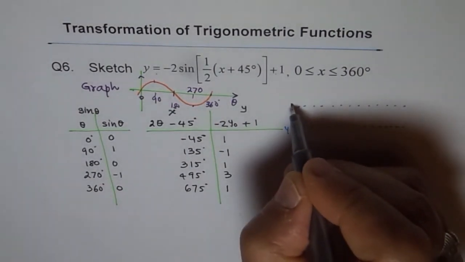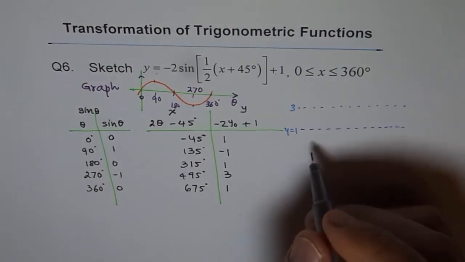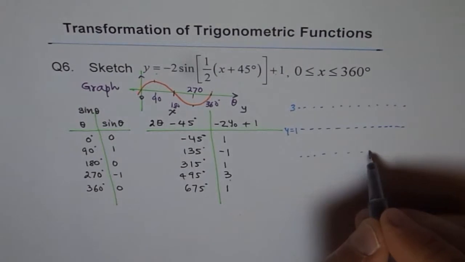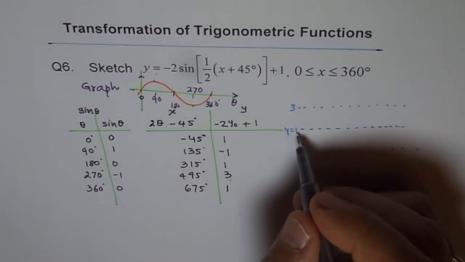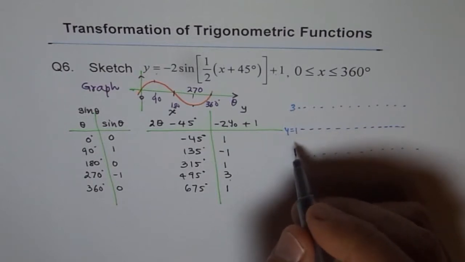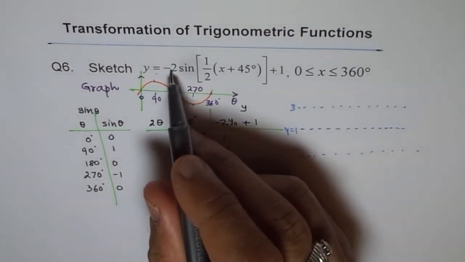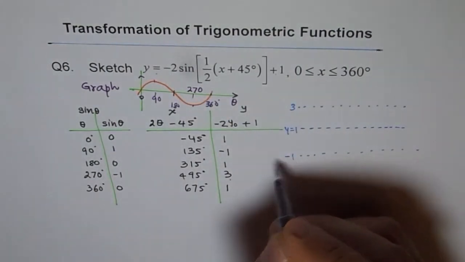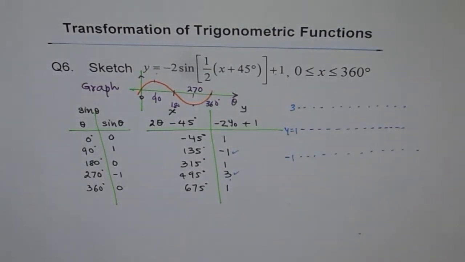So that will be at y equals 3, and the minimum as shown here, right? The minimum will be 1 minus 2, which gives minus 1, which is here, because 2 is the amplitude. So that is a check on your maximum and minimum values. So we get the same values, correct?